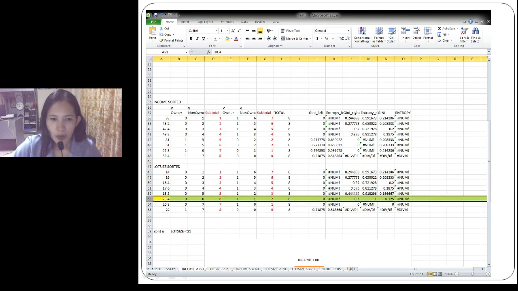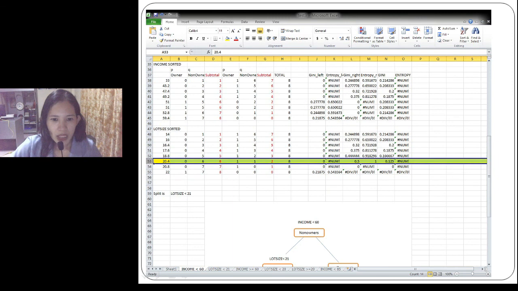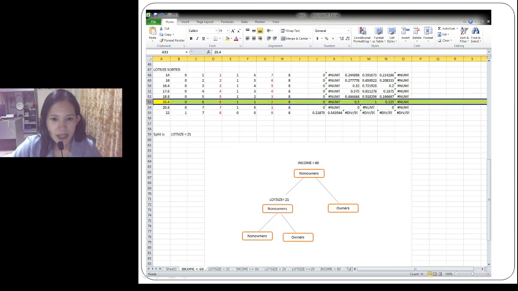So in our tree, if the income is less than 60, we have this side as the yes. So under less than 60, the next split is lot size is less than 21.